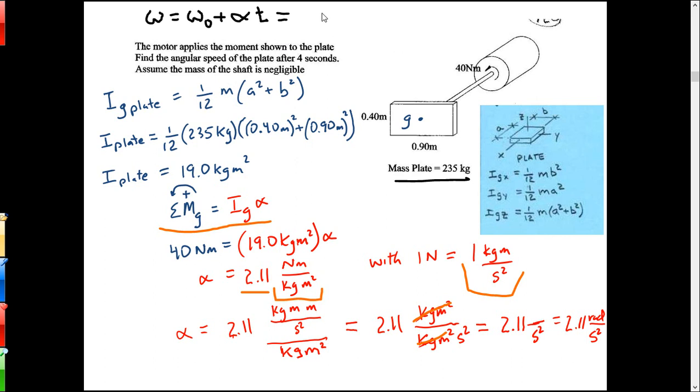And so we've got the 2.11, and that's just radians per second squared. And again, keep in mind that a radian really doesn't have units. It's just a unitless quantity. And then multiply that by the time, 4 seconds.